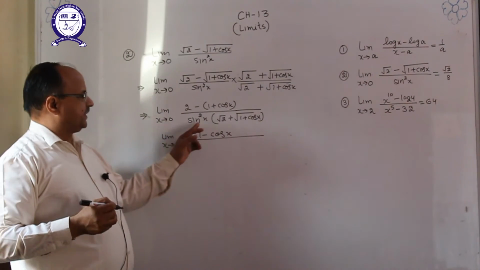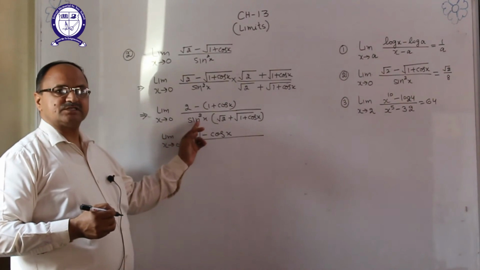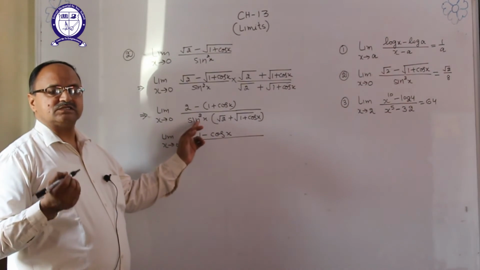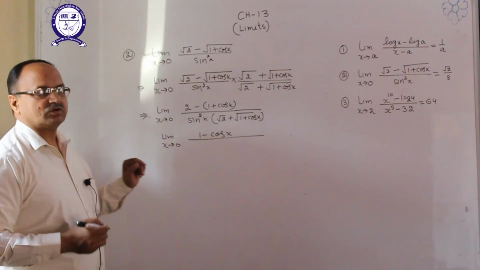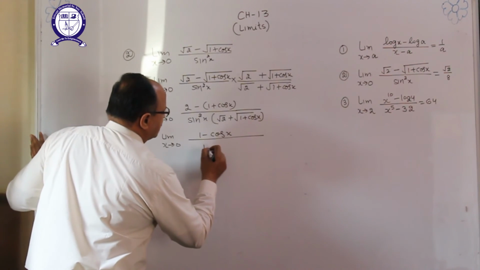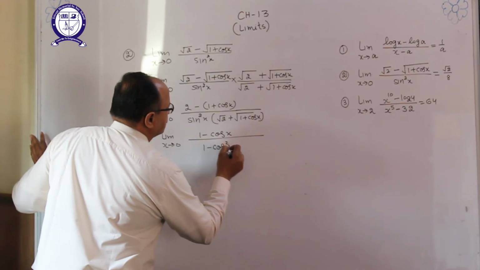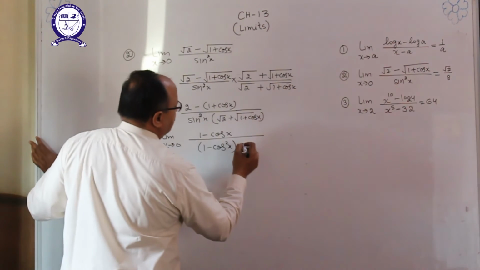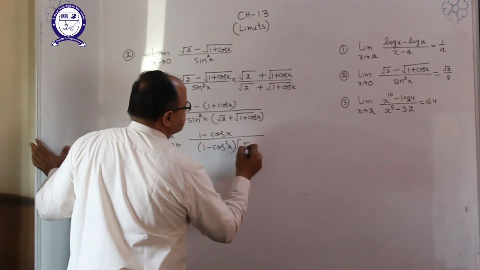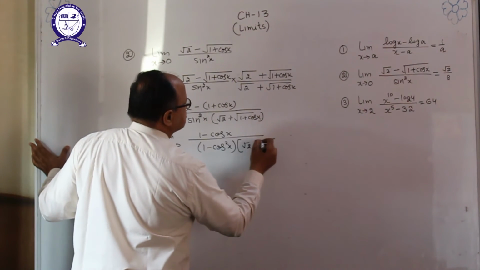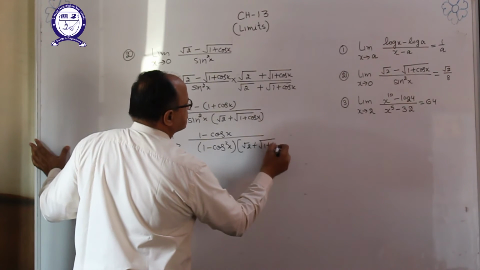And by the formula, sin square x plus cos square x is equal to 1. Therefore, sin square x is equal to 1 minus cos square x, you can write. And this as it is, root 2 plus root of (1 plus cos x).